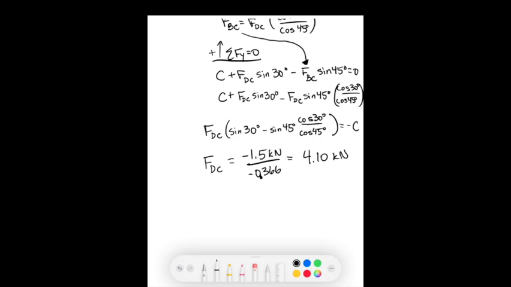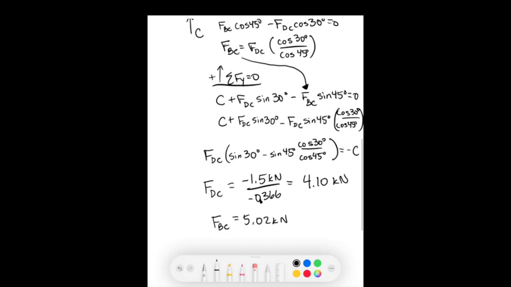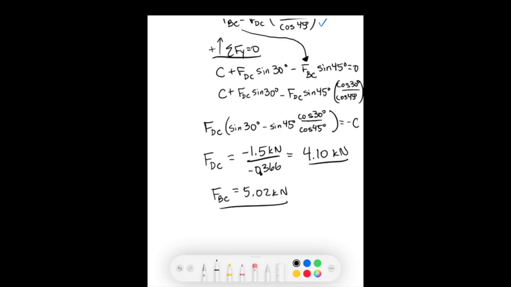Okay, so I can go back up and get the force of BC from that, and find that it is 5.02 kilonewtons. That comes from this equation up here. So far I've got two answers. I still need three more. So we're going to have to move on to another joint.